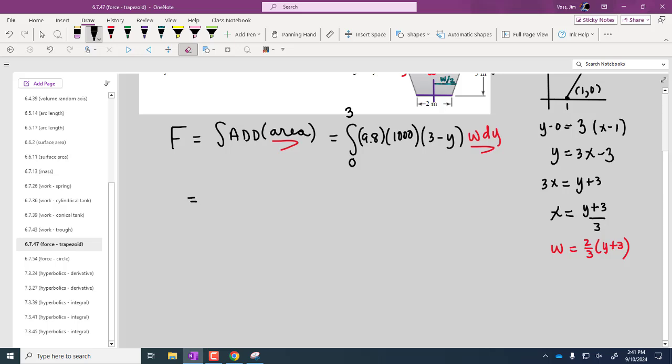So we're going to have all this stuff that we can pull to the front. I'll just pull the 9800 to the front for the moment. So we have (3 minus y) multiplied by 2/3 (y plus 3) dy.